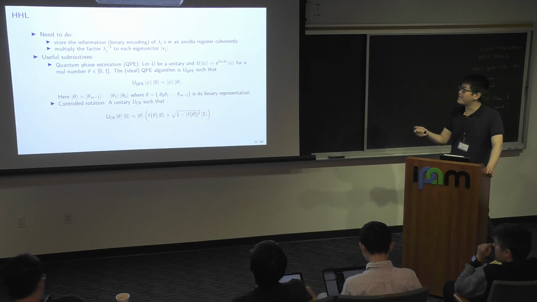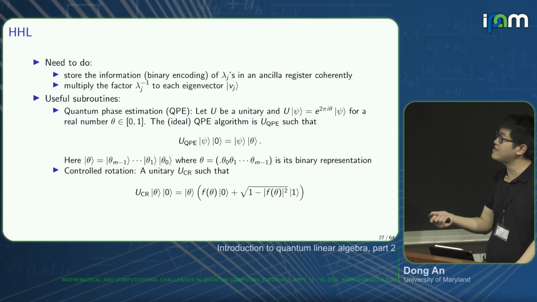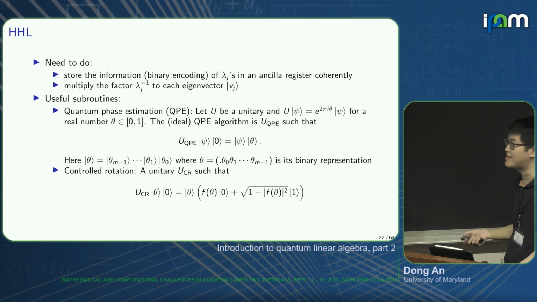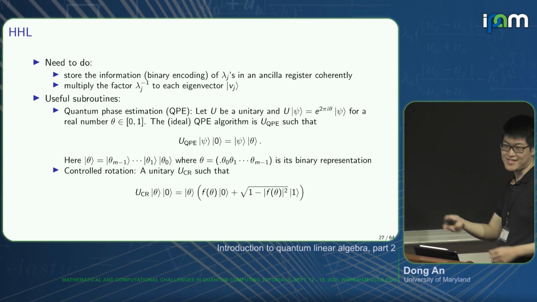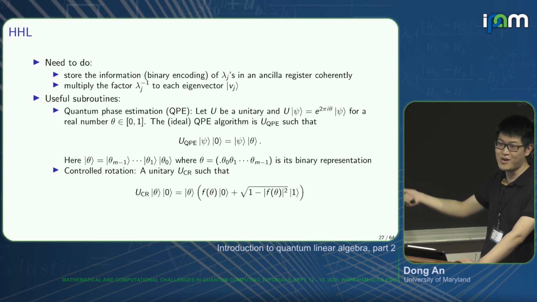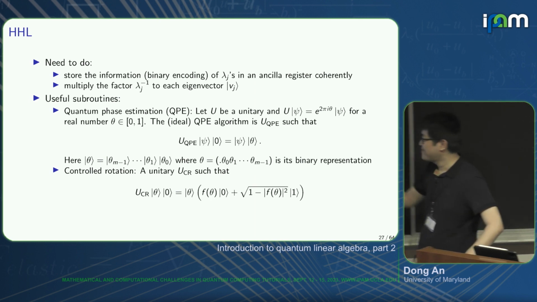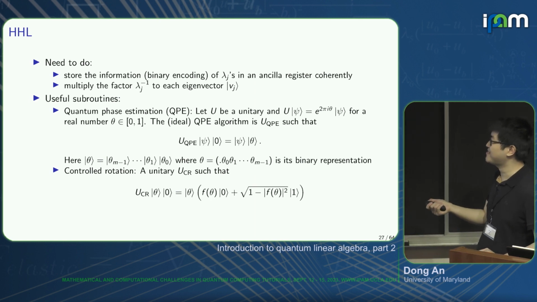To get the eigenvalue information, what we need is exactly the quantum phase estimation. That is another reason I really love the organization of this entire tutorial, because Yu has already covered a lot on quantum phase estimation, which makes it easier for me to discuss the HHL algorithm.